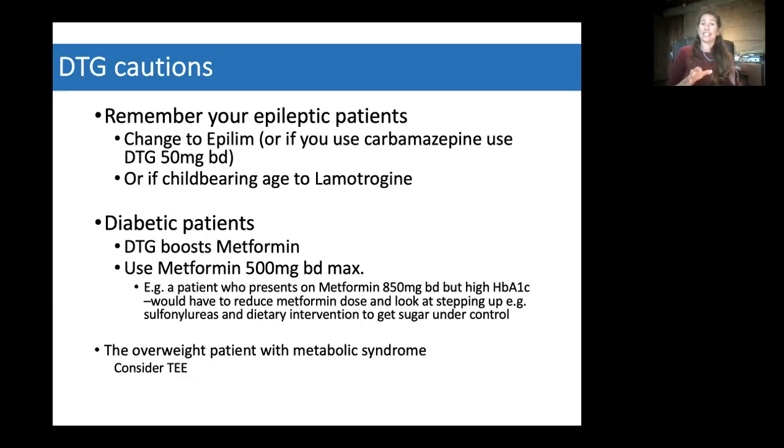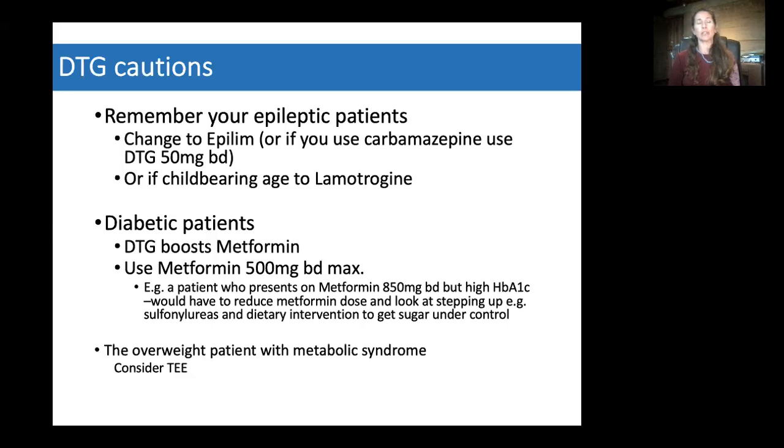In the guideline, they say if you've got an overweight patient, which would be BMI over 25, you might have to consider TEE, and you have to give people dietary advice and tell them to lose weight and be sensible with what they eat, which, as we all know, is a difficult intervention if somebody doesn't have a real motivation for why they need to lose weight.